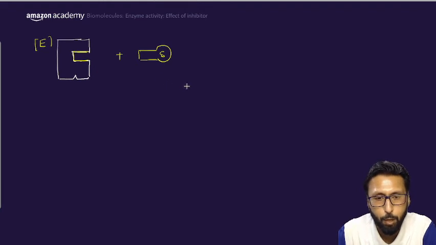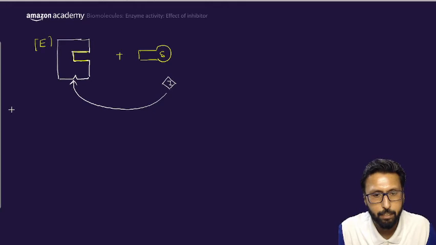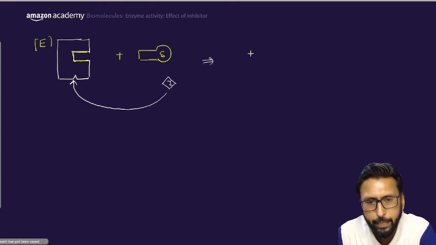Now we have an inhibitor. Suppose this is the inhibitor. This inhibitor does not bind with the active site. It binds here, which is a site that is not the active site.